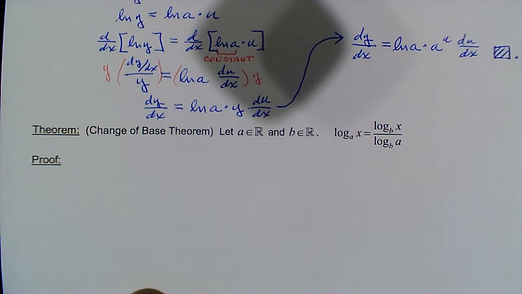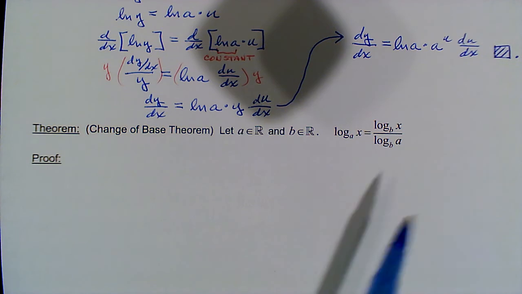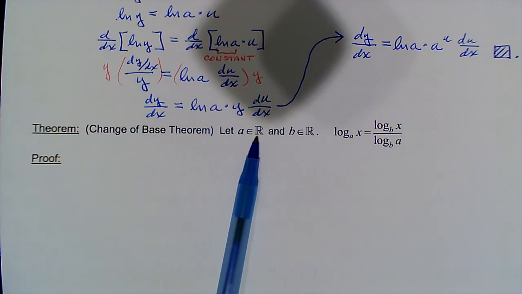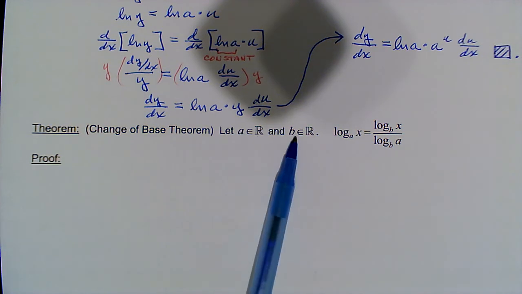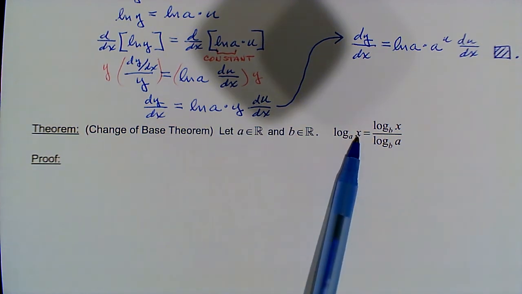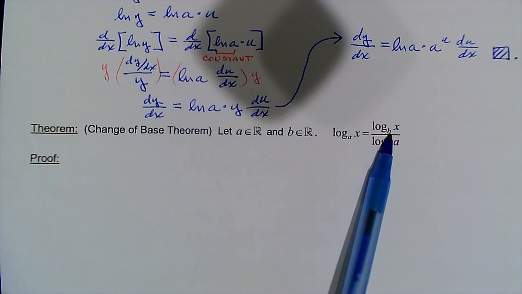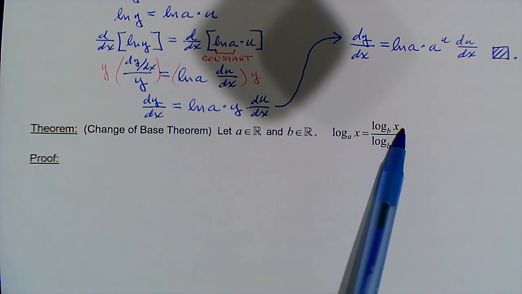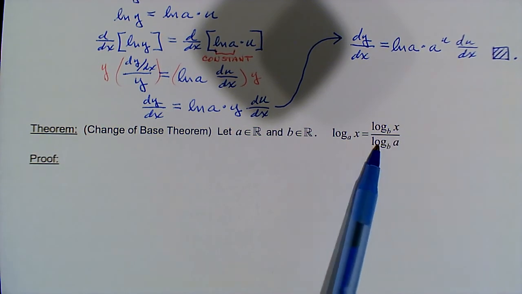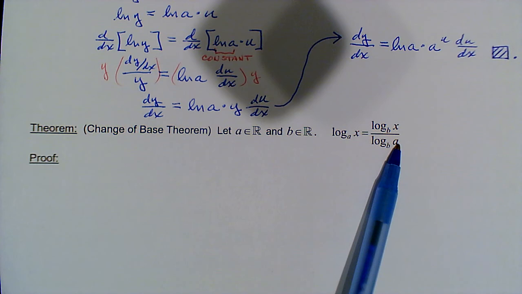So the disclaimers are just to let a and b be real numbers. And if you have log base a of x, you could turn that into the logarithm of any base you want. But there's a little compensation. Notice that we changed the base to b, so we said log base b of x, but then divided by log base b of the old base a.